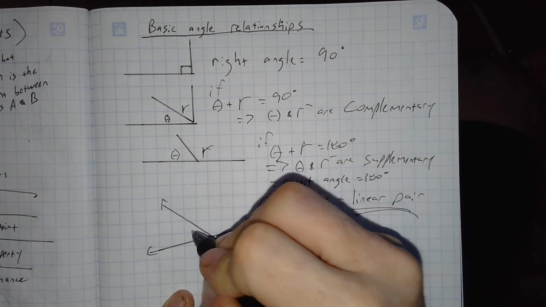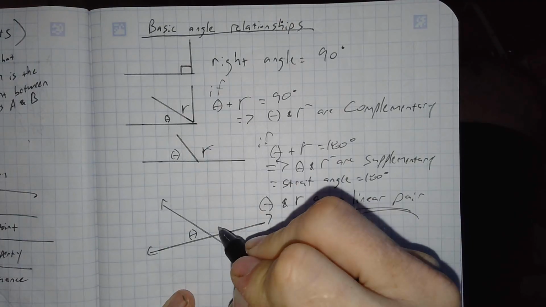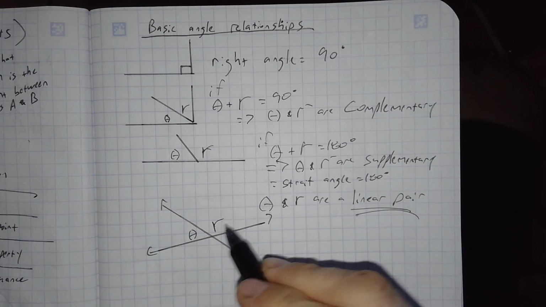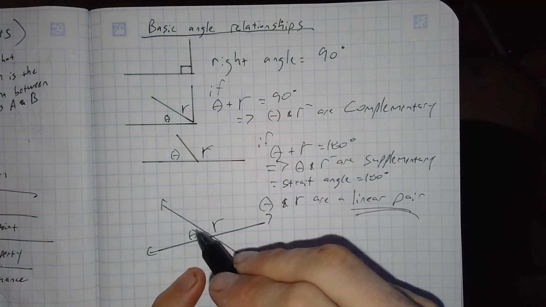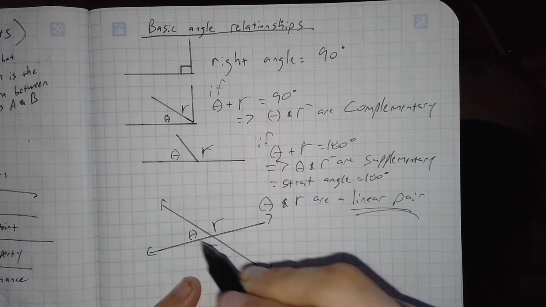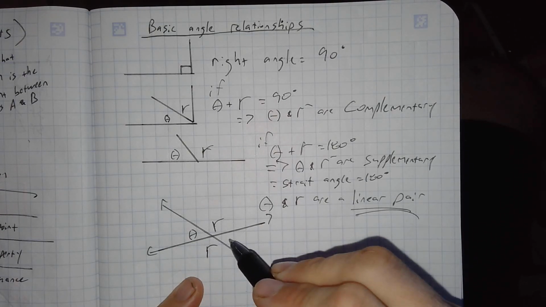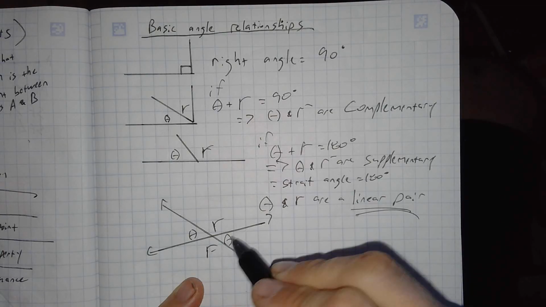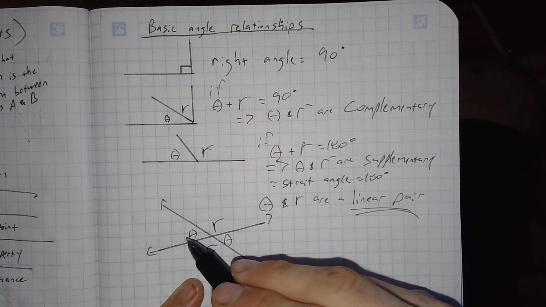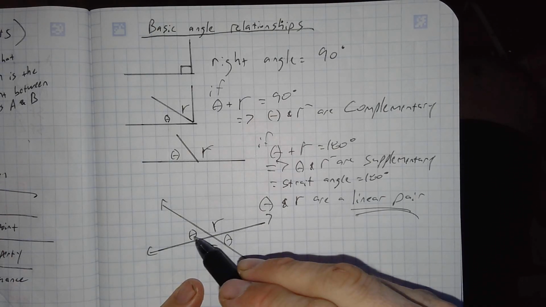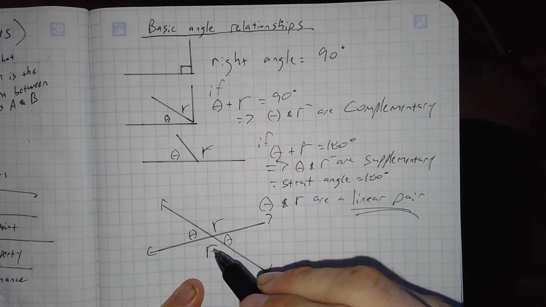So say this angle is theta and this is rho. That's a linear pair. This one, theta and rho, that's a linear pair. And then this would have to be theta and rho, that's a linear pair. Right? So the two angles that make up 180 degrees are linear pairs.